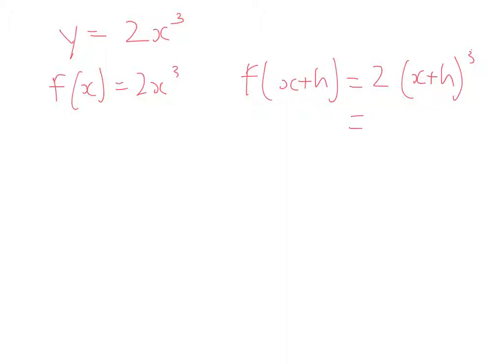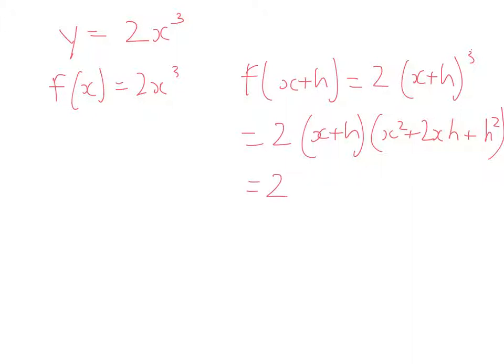We're going to have to do a little bit of algebra here. I'm going to give us a little bit more space. What will that become? It's 2 outside of (x plus h) times (x plus h) times (x plus h), which would be x squared plus 2xh plus h squared. Be very careful when you're doing this one.